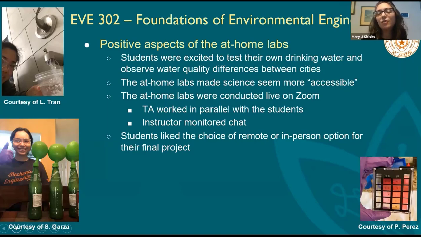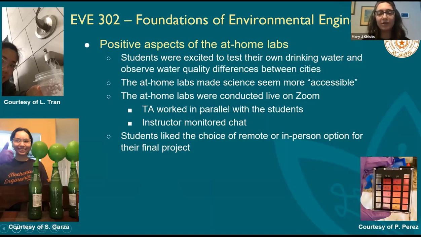Some of the students that I talked with said that doing the work at home made science seem more accessible. These were kits that they could purchase commercially and use in their own homes, for pool maintenance or spa maintenance, et cetera. And going through those steps with the TA really made them feel like, yeah, I can do this. It was accessible to them. And how we did this is the labs were conducted live on Zoom, the at-home labs.